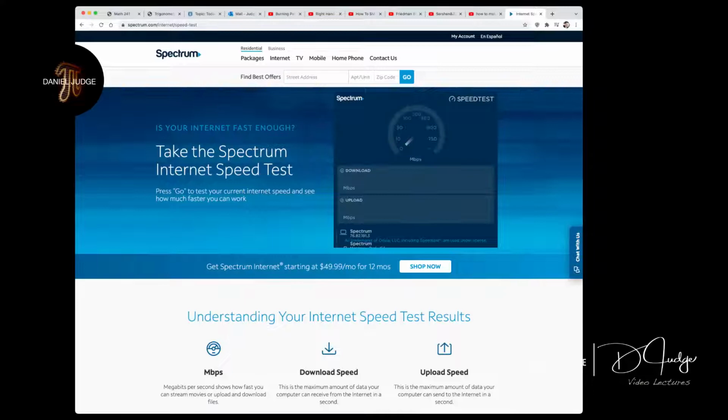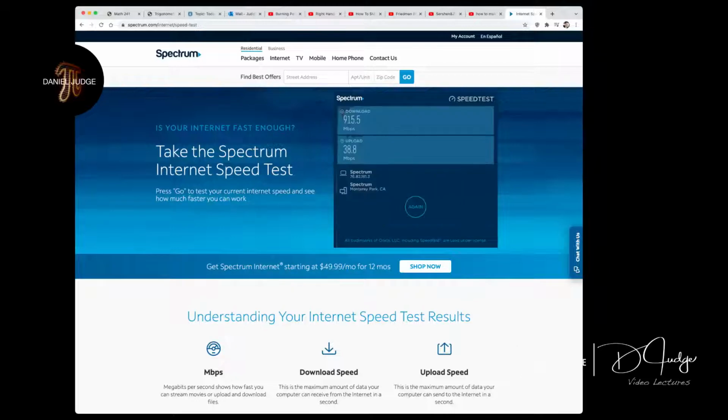All right, let's try to do this here. And our download speed looks like it's going to be very good. And the upload speed is what you care about on my end. As long as we are at least 12 megabits per second, we are in good shape. So set YouTube to HD to maximize your experience.